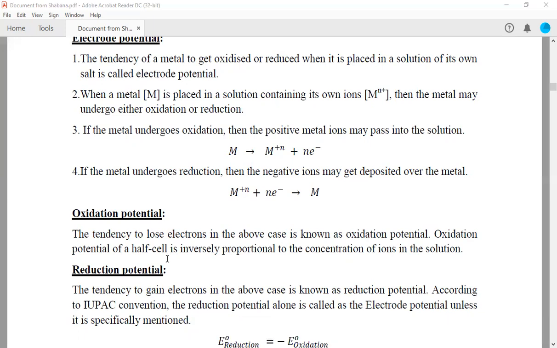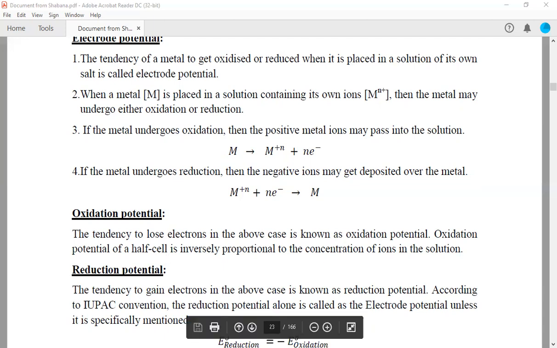Coming to the reduction potential, the tendency to gain the electron in the above case is known as reduction potential. According to the IUPAC convention, the reduction potential alone is called the electrode potential, unless it is specifically mentioned.